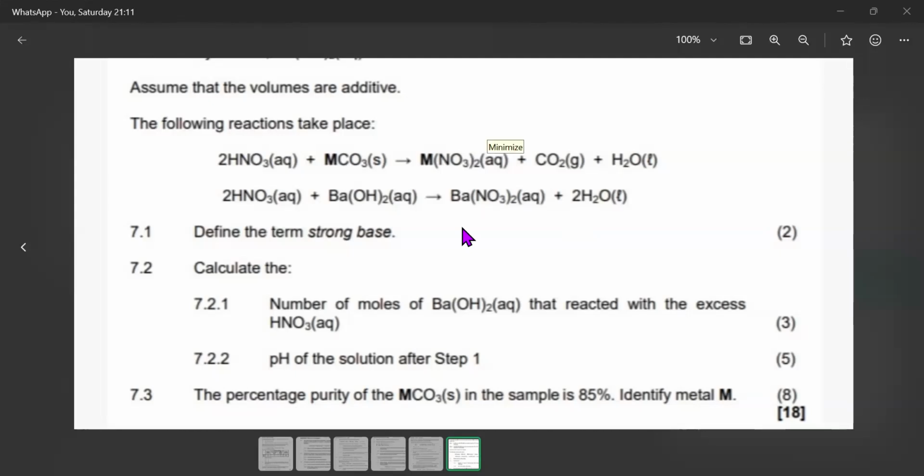Yeah, I didn't hear what you said. So don't you need to find the molar mass? The molar mass. Thank you so much, Hansi. The molar mass, yes.